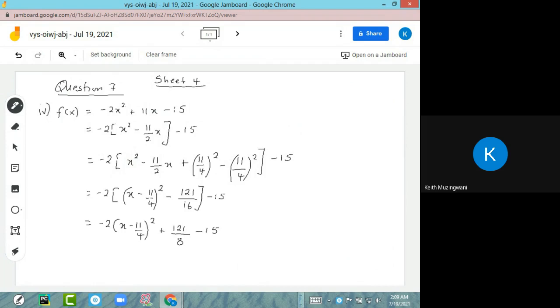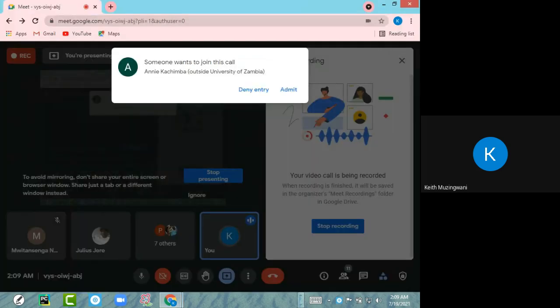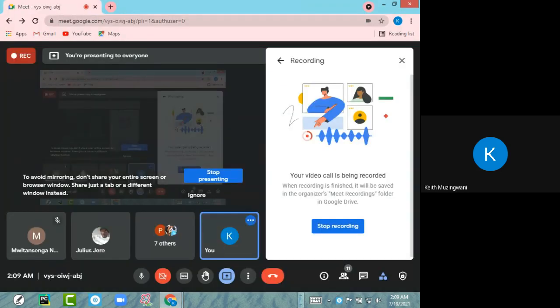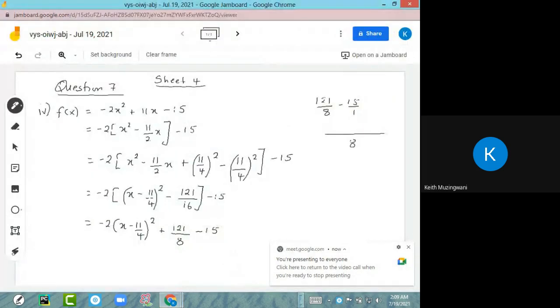Now we can simplify and get what 121 over 8 minus 15 is. The common denominator is 8, and then we'll have 121 minus 15 by 8. 15 by 8 is 120.